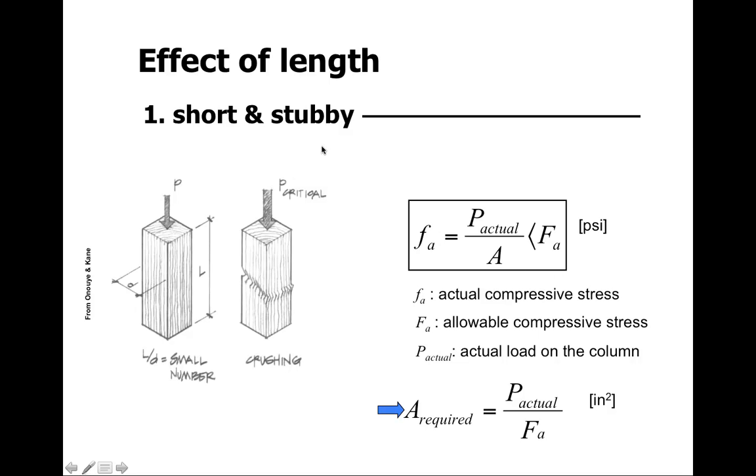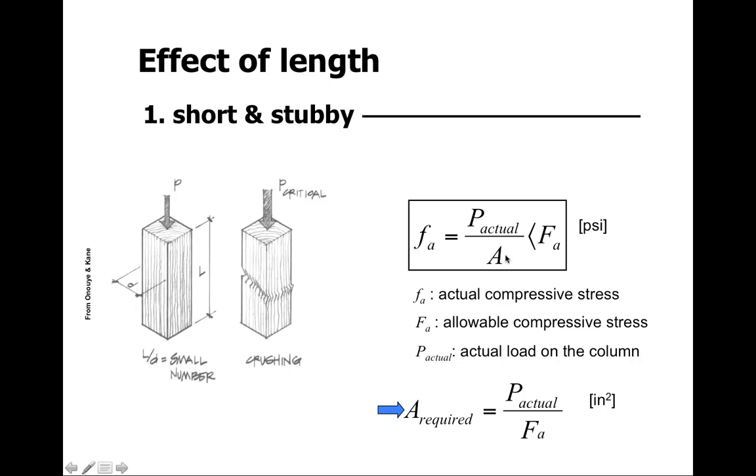Now, in the case of short, stubby columns, here's an example: short, stubby wood columns. And we can look at them with this particular formula, where f sub a is equal to P, the actual load applied, divided by the area. And that has to be less than capital F sub a, the allowable compressive stress.